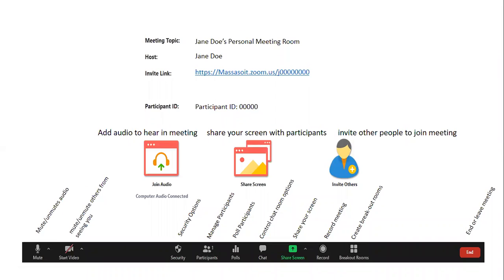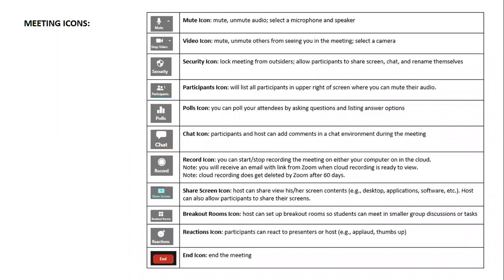We have control chat room options. When people can chat, I think if any of you have attended any of the president's town hall meetings or the provost town hall meetings, you'll see a chat room that will allow you to chat with other people, text by text. So that may or may not be available to you.